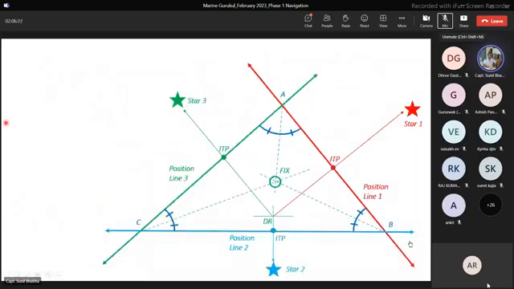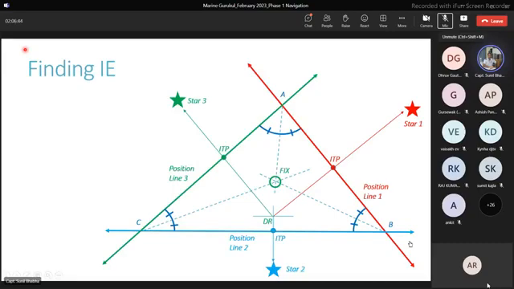Now we move on to the second part of the question. That is finding out the index error. Now the reason why a cocked hat is formed when we take 3 celestial position lines is due to an error.